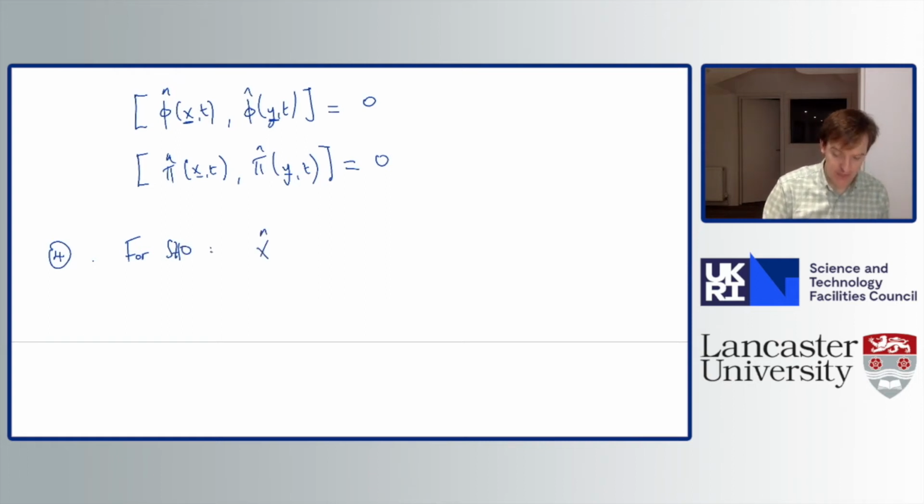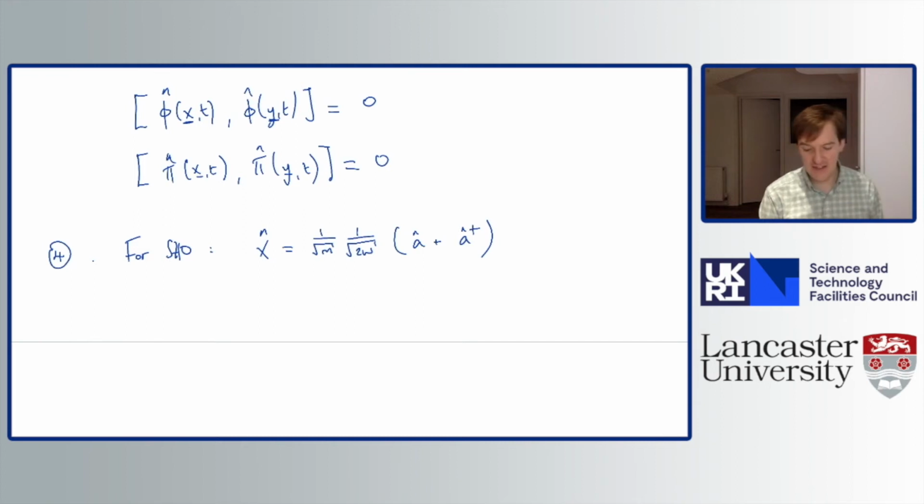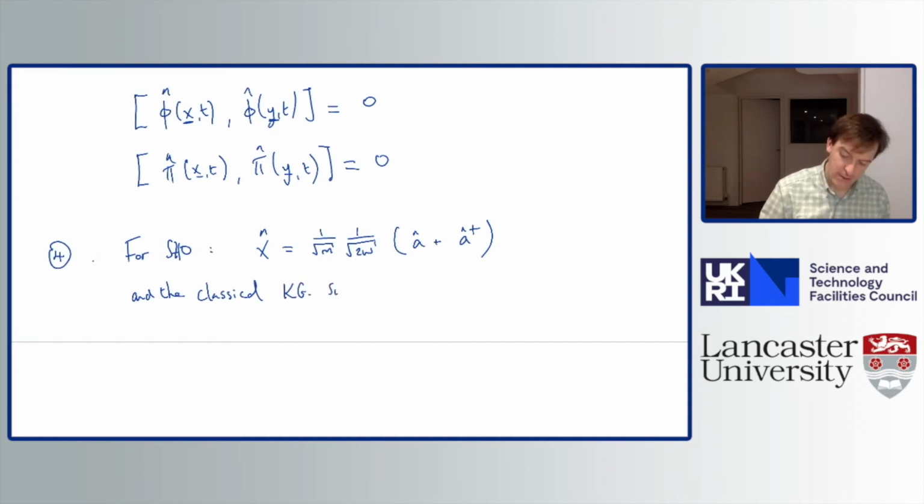There we were able to show that the position operator can be expanded in terms of creation and annihilation operators. It was A plus A dagger with some normalization factors. And let's remind you what the classical expansion of the Klein-Gordon solution looked like. So we looked at this before.